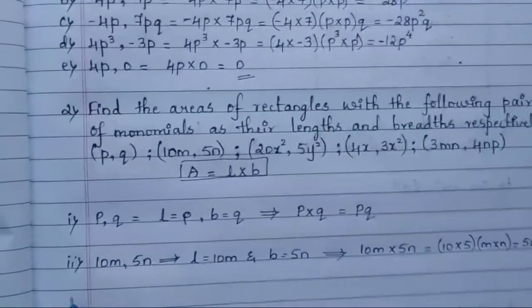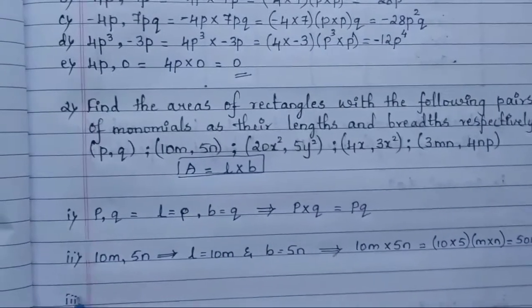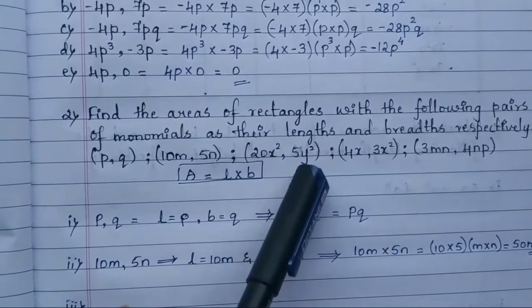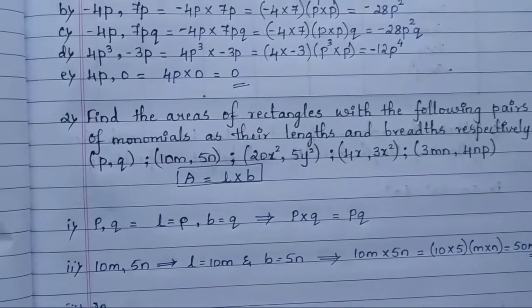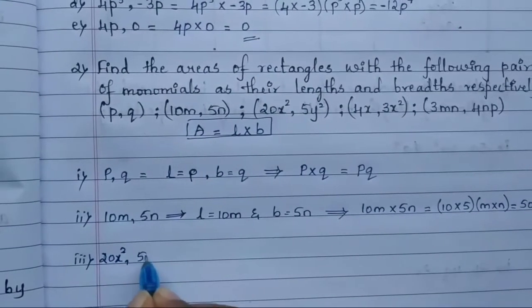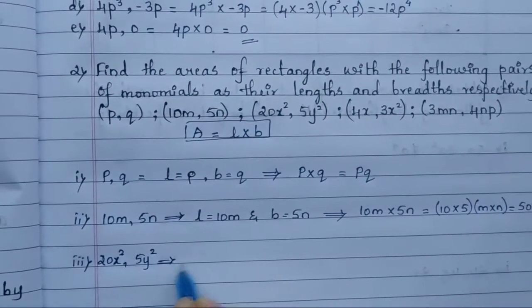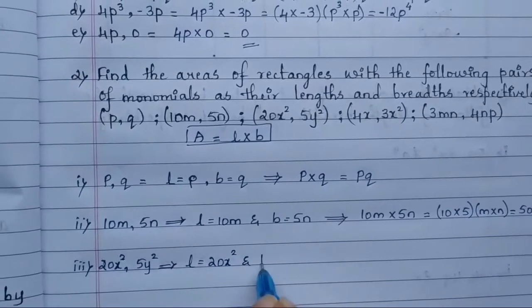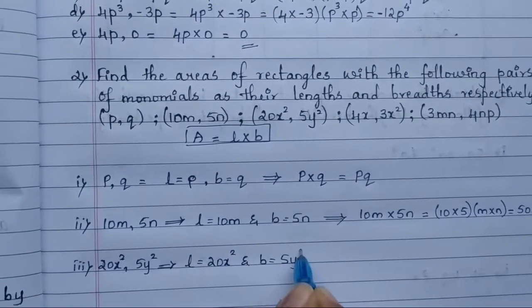Next, moving to the third question, that is 20x square and 5y square. So we will write 20x square comma 5y square. Here our L is 20x square and B is 5y square.